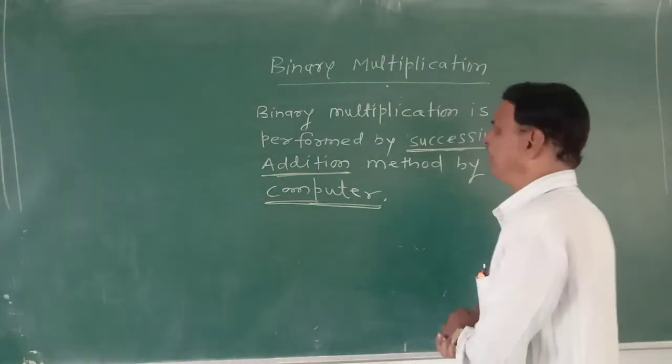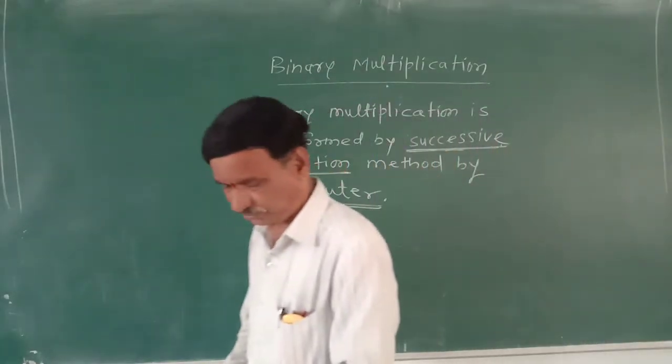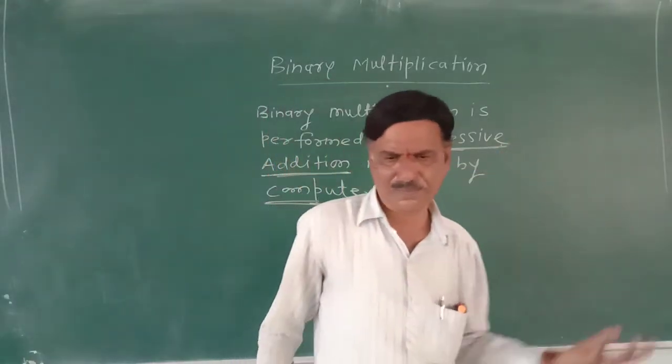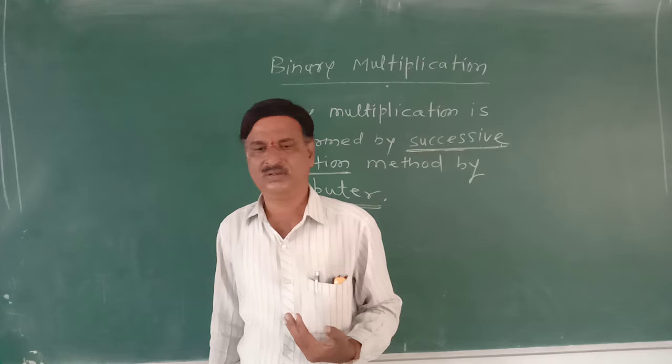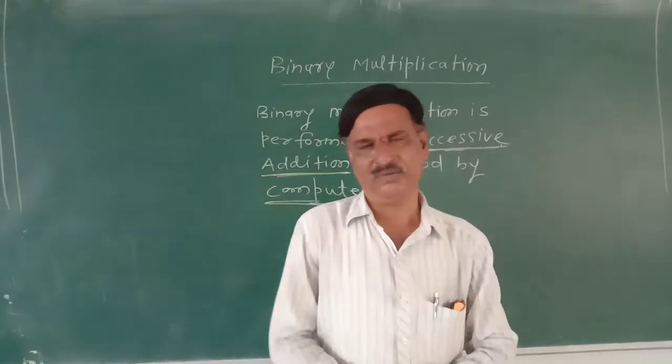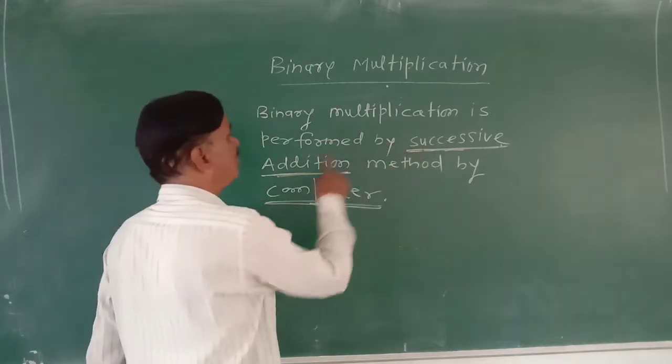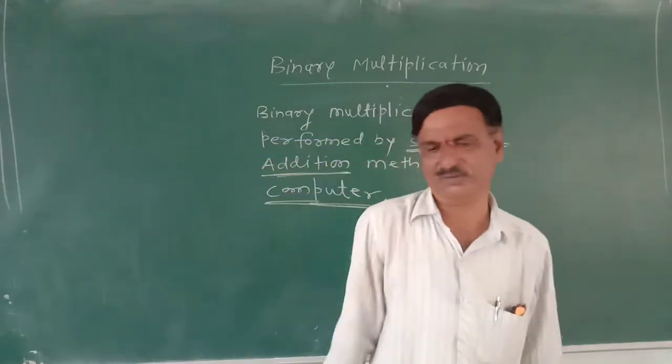Now you can ask the question: why is binary multiplication not performed just like decimal multiplication? Why is this other method, the successive addition method, performed by the computer?